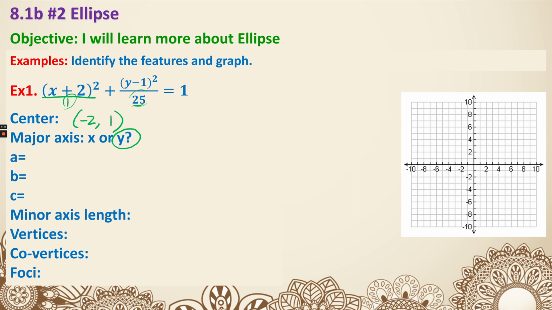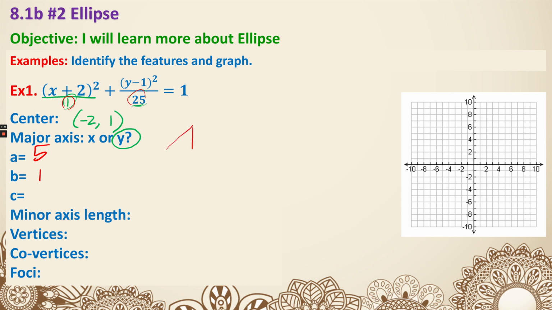Now we can go for our A. As soon as we have identified that the major axis, the 25, A would have to be square root of that, which is 5. Then the smaller denominator 1 would have to be b squared, so b is 1. As for C, let's not forget, in an ellipse, we have that triangle.